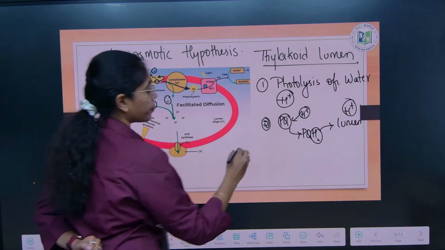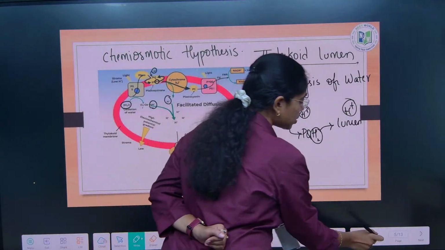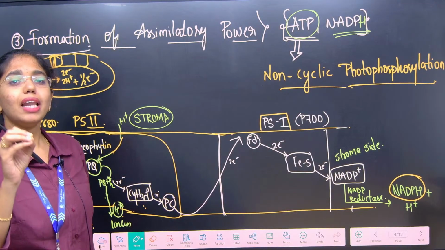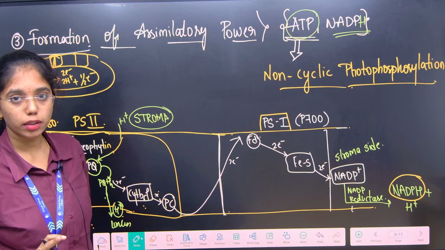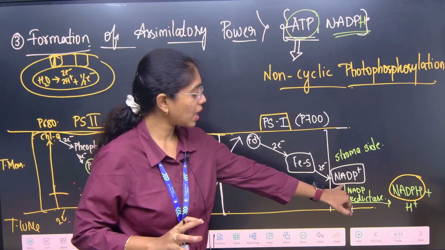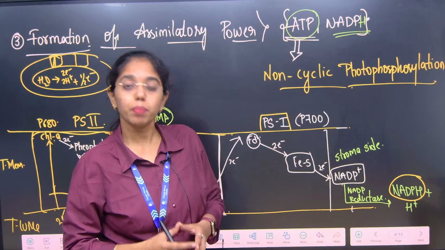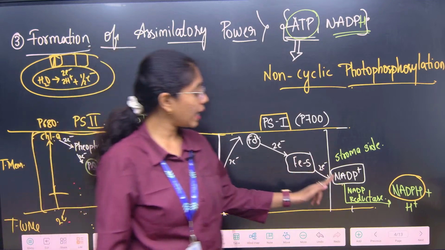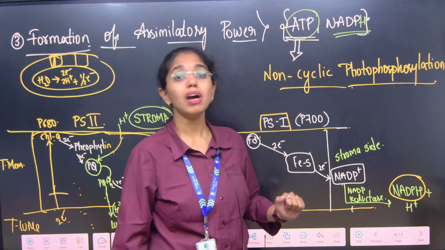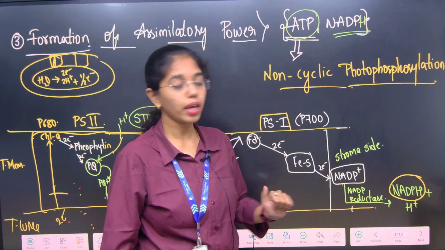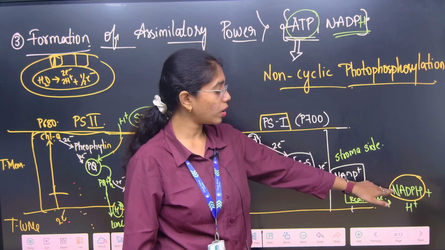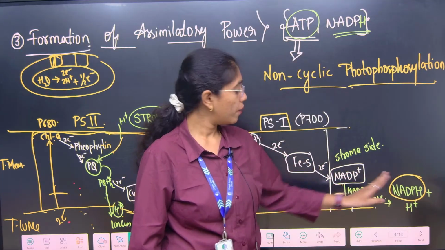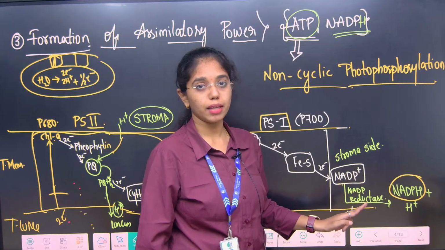Third point is the last step of non-cyclic photophosphorylation. Whichever little amount of protons are present in the stroma, those protons are accepted by NADP plus, and NADP plus is converted to NADPH. What is the full form of this? Nicotinamide adenine dinucleotide phosphate hydrogen, wherein NADP is reduced to NADPH.